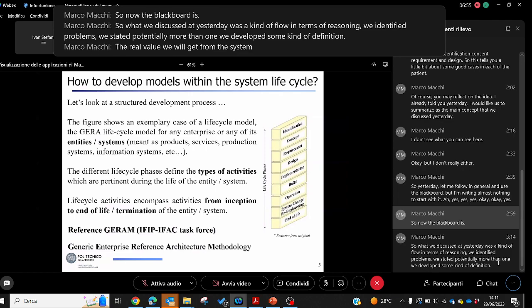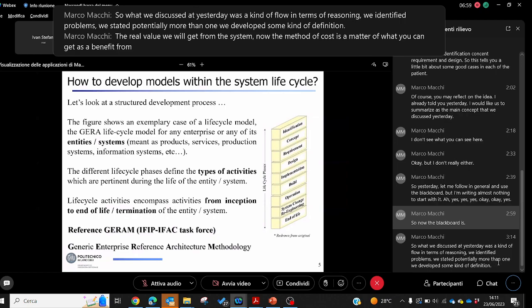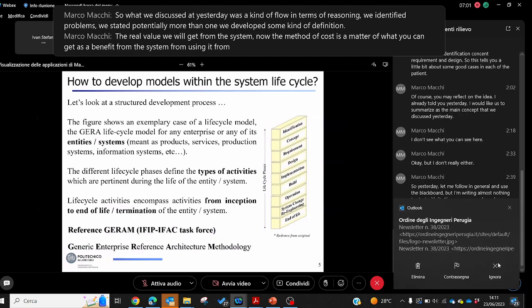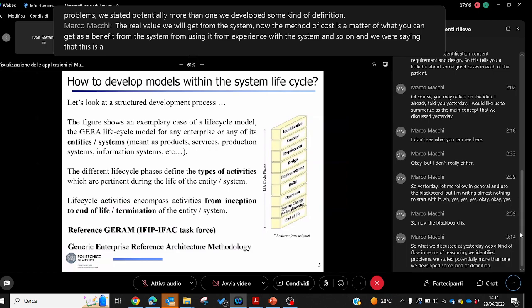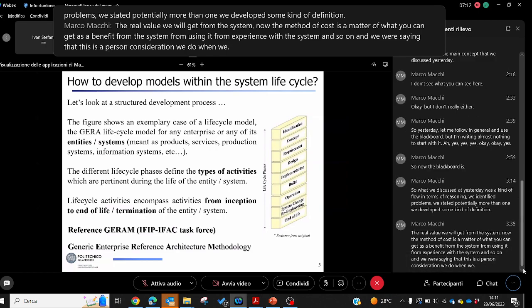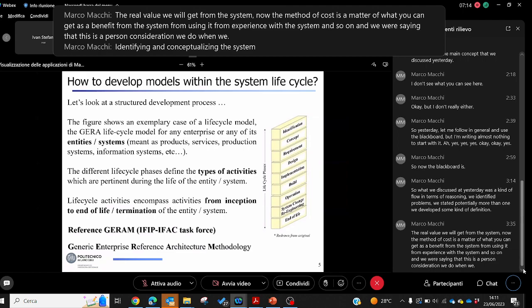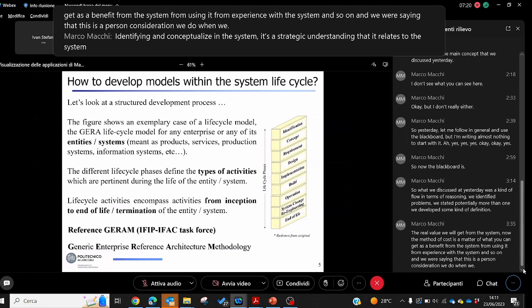Not a matter of cost, it's a matter of what you can get as a benefit from the system, from using it, from experiencing the system, and so on. And we were saying that this is a first consideration we may do when we are identifying and conceptualizing the system. It's a strategic understanding. It relates to the system, basically considering what you want to have from the system, from the engineering.